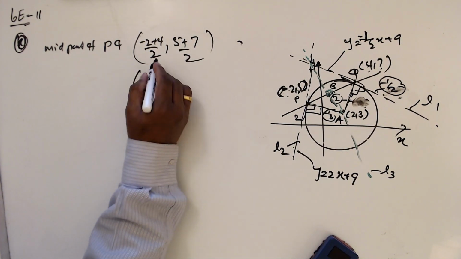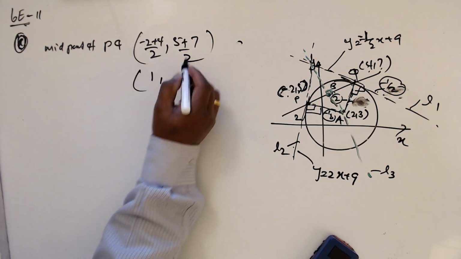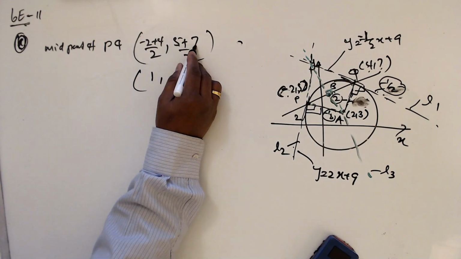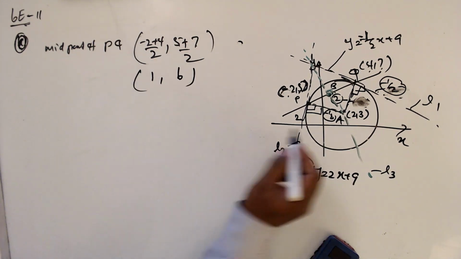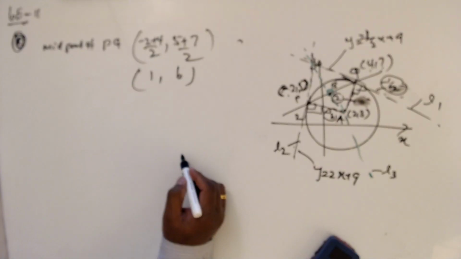So this is 2 divided by 2, which is 1, and 12 divided by 2, which is 6. This point is (1, 6) now.